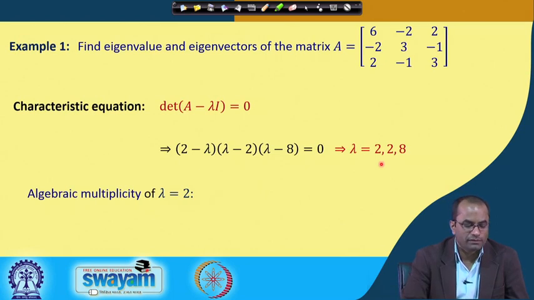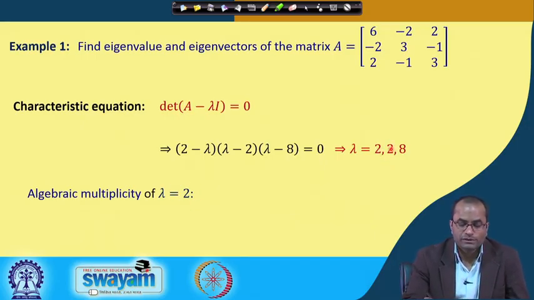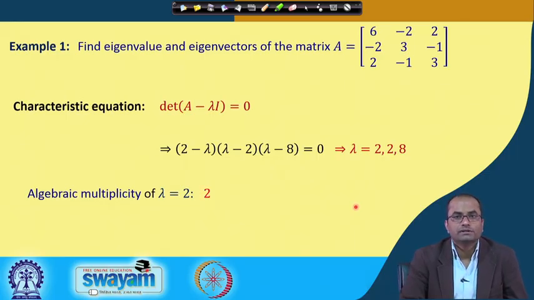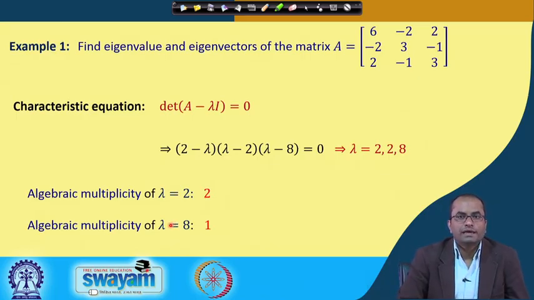So, the algebraic multiplicity of the eigenvalue 2 is 2, because it is repeated 2 times here, and the algebraic multiplicity of 8 is 1, because it is repeated only once.